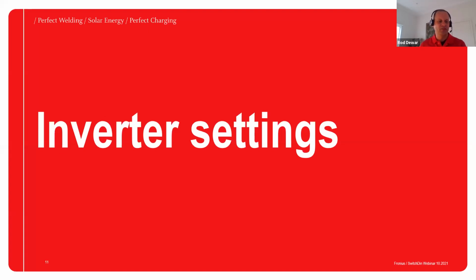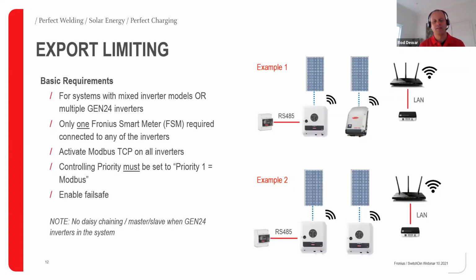Now some of the inverter settings, which are slightly different from your normal setup, I'll go through. These are the requirements for systems which are mixed inverters, a mix of a Snap inverter and a Gen 24, or ones which have just multiple Gen 24s. Only one smart meter is needed in this.